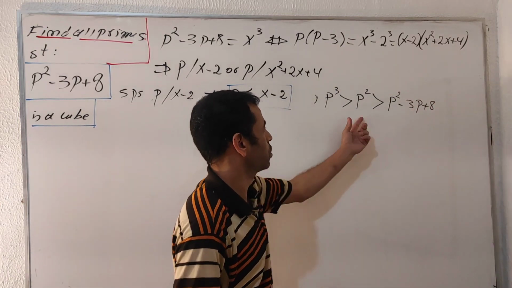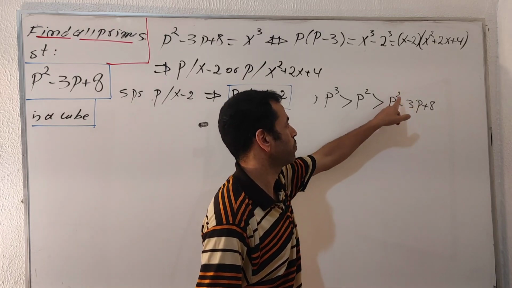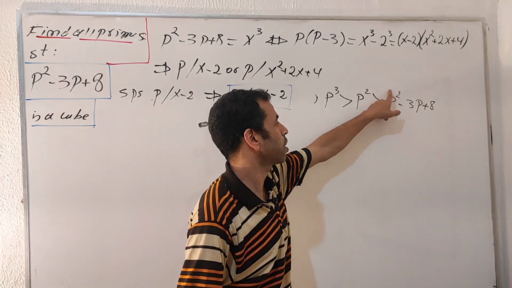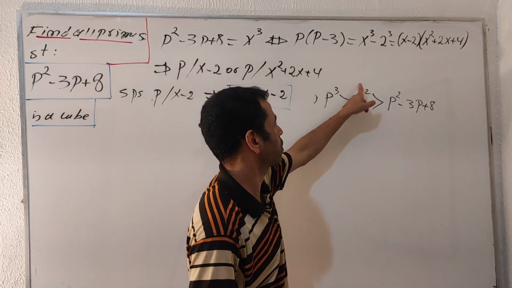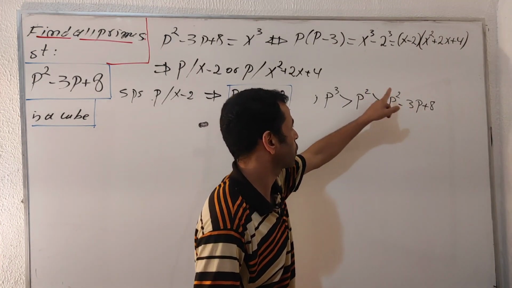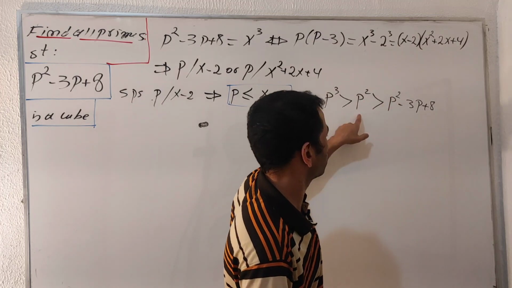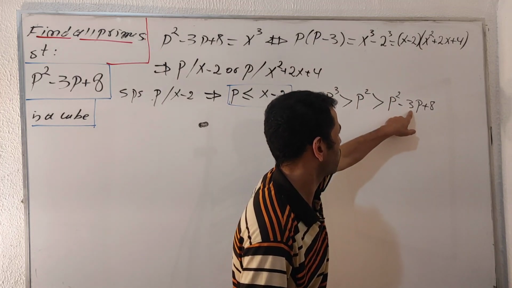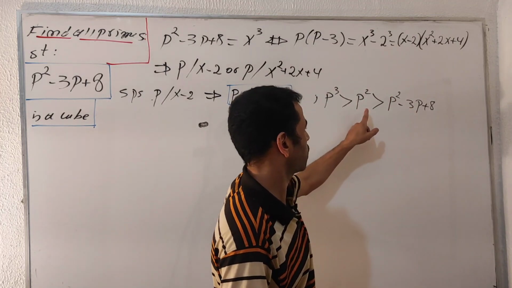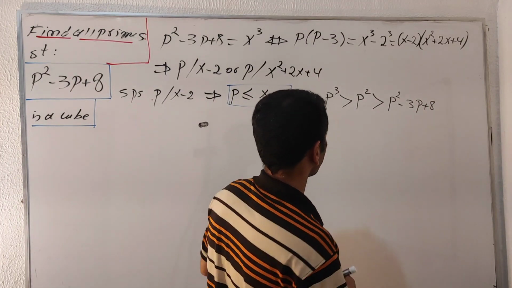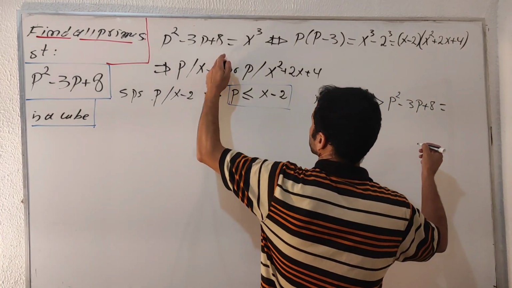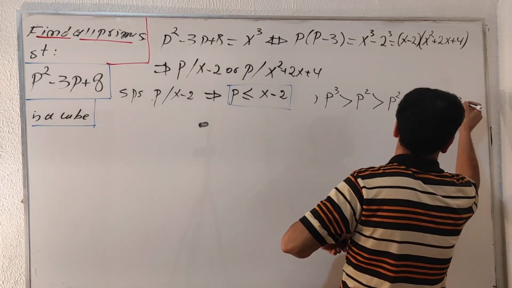If you check, this one is bigger than this one, because if you plug in p as a minimum value, you get 9, strictly greater than 8. If you cancel out p squared from both sides and then move minus 3p to the right, you get 3p is strictly greater than 8, which is true.